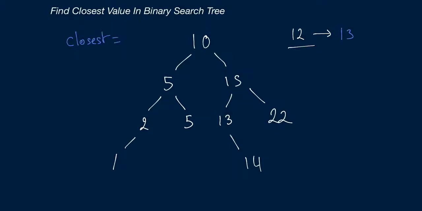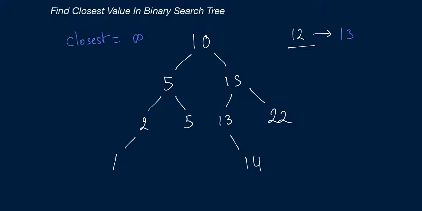I'll just initialize it to infinity because that's going to turn out to be pretty helpful for the code. It's going to simplify something. But you could initialize the closest value to be the value of the root node. You could initialize it to be the null value or the none value. Whatever you want, but this variable is going to hold the best candidate for the closest value as we apply the algorithm.